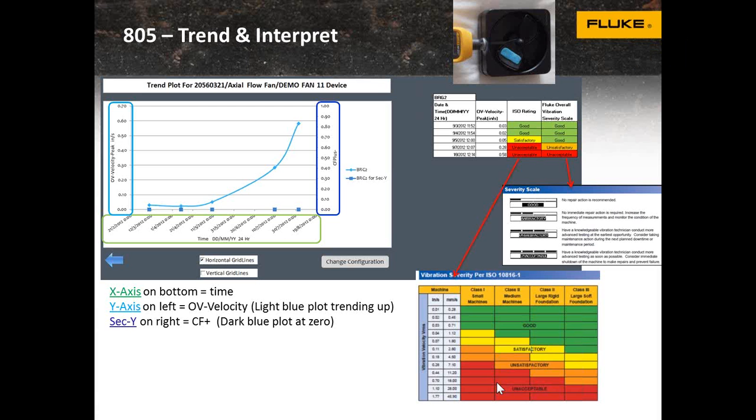The 805 can measure and show number levels in either acceleration, velocity, or displacement. So you can view or screen any one of those three numbers. The best answer to the question is, even though the ISO table is in velocity, which is inches per second, that number can be converted over to a displacement number, which would be mils peak to peak.